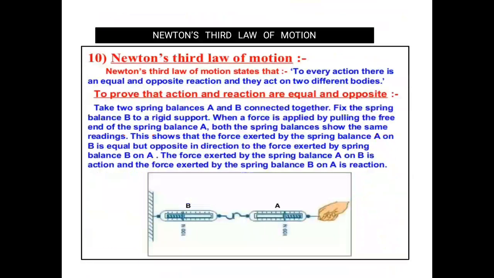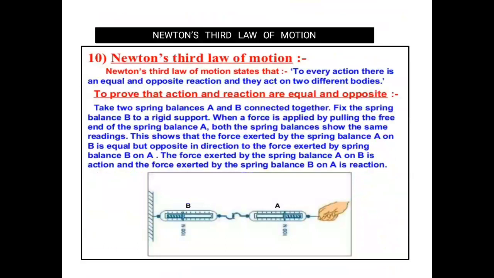First of all, we will see the statement of Newton's third law of motion. It states that to every action there is an equal and opposite reaction, and they act on two different bodies but they act simultaneously.